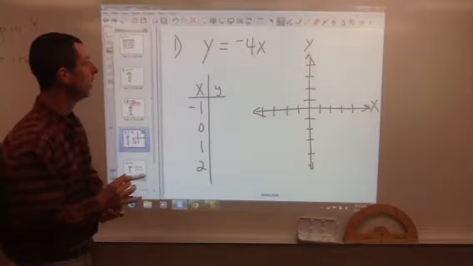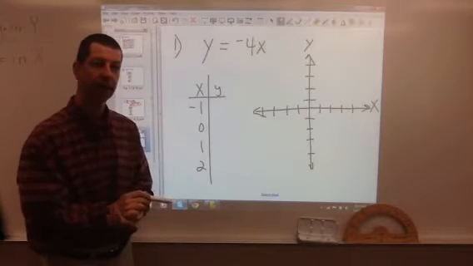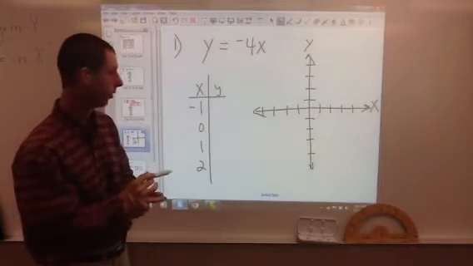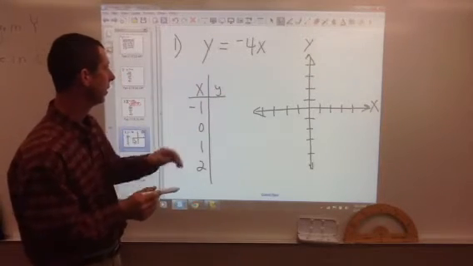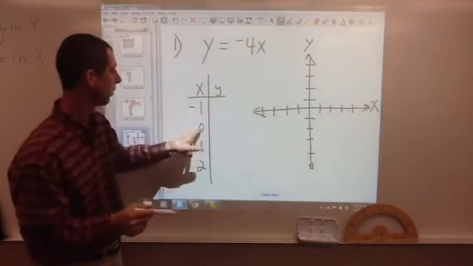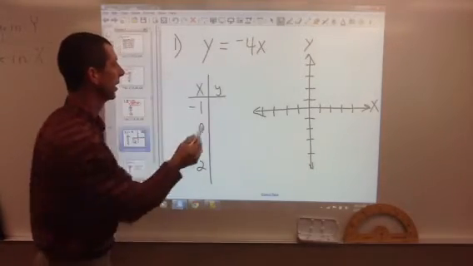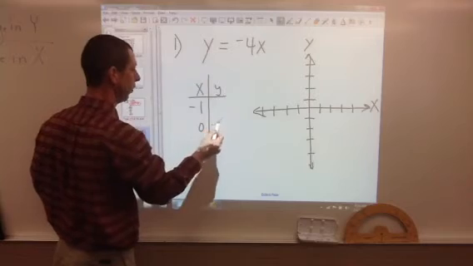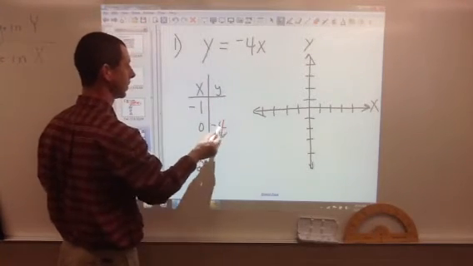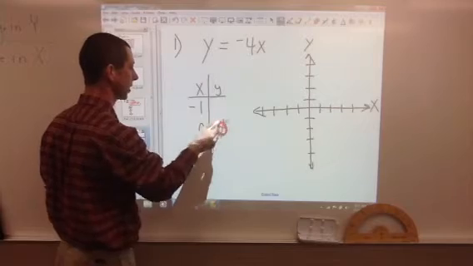Now, on the other worksheet, you're going to have to be able to graph some of these. So let's fill in. We start here. I'll start with 0. Let's put 0 in. So 0 times -4 is 0.